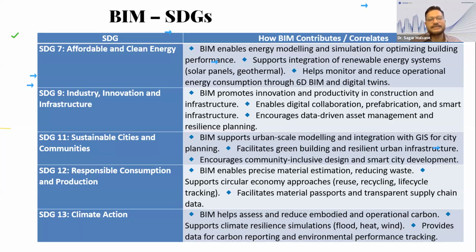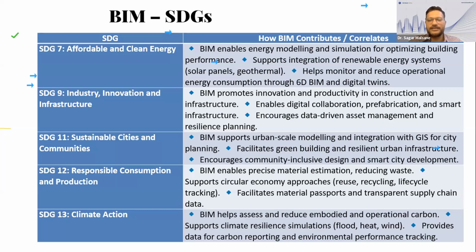Then SDG 12 focuses on responsible consumption and production. Throughout the session, we have discussed how BEAM focuses on precise use of material, and that happens through precise estimation. Through modeling stages, we can really understand which materials are appropriate for that particular type of design.